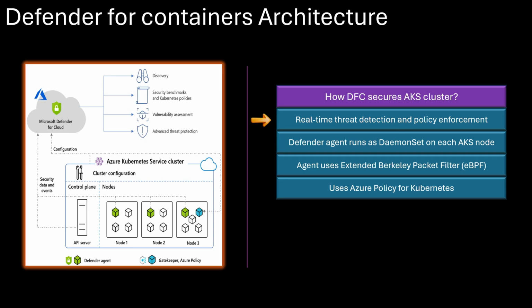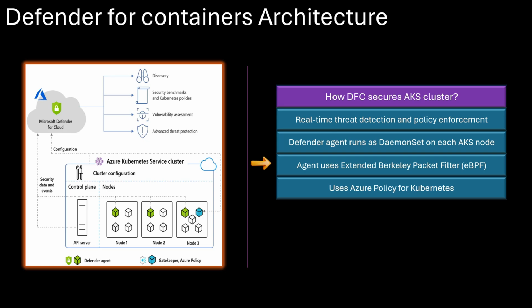When using AKS, Defender for Containers provides real-time threat protection, policy enforcement, and runtime security using a combination of agent-based and agentless monitoring. At the core of Defender's runtime protection is the Defender agent, which runs as a daemon set on each AKS node.